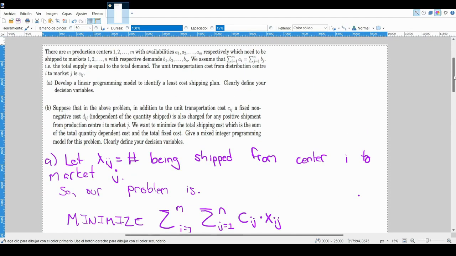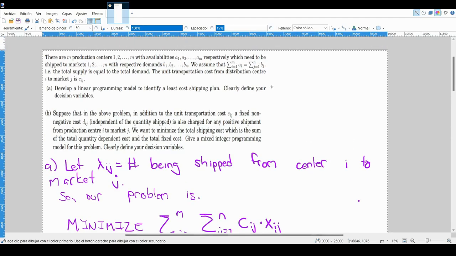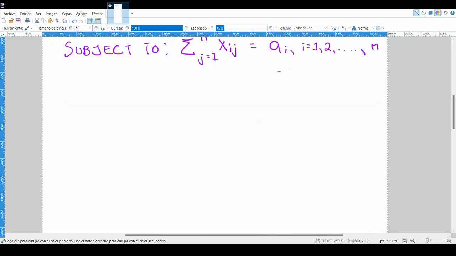Similarly, because each market has a specific demand, we want to make sure that the amount being shipped across all of the production centers to a specific market is never going to exceed the demand. It's a very similar constraint.